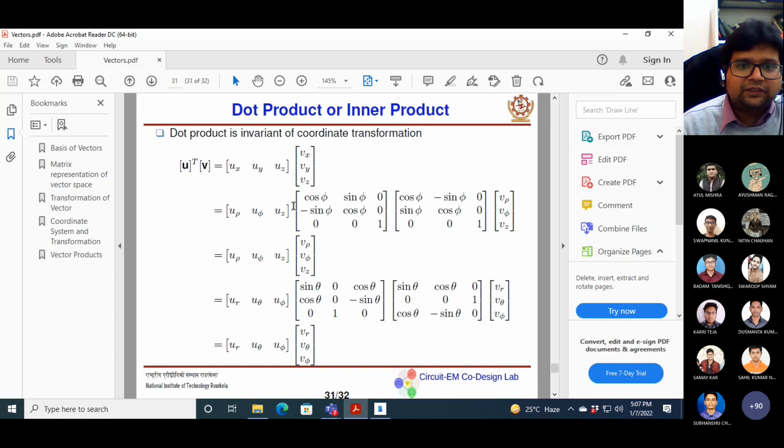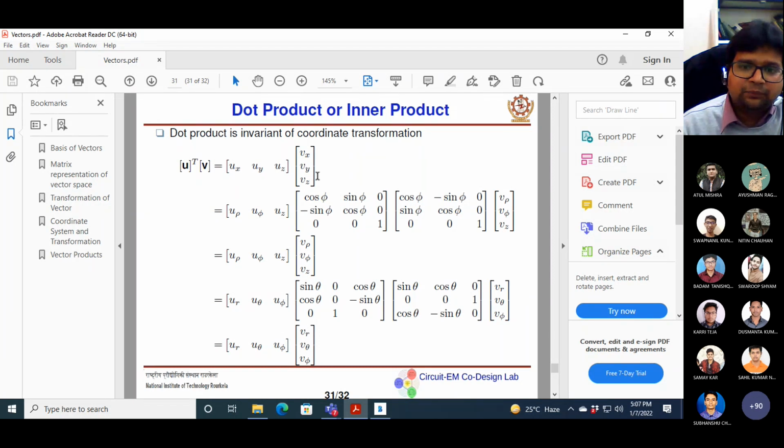Another very interesting proof is that the dot product, or inner product, is invariant under coordinate transform. Let's say I am doing the dot product of two vectors, u and v, in the Cartesian coordinate system. Now I can do the same thing in the cylindrical coordinate system, or in the spherical coordinate system.